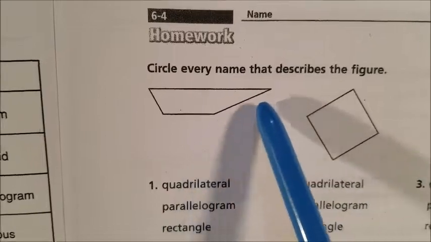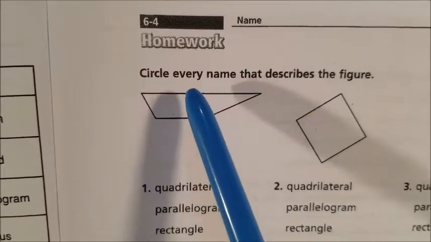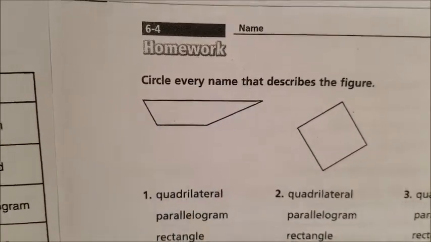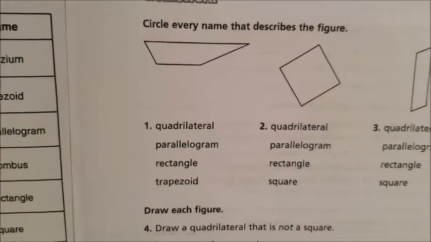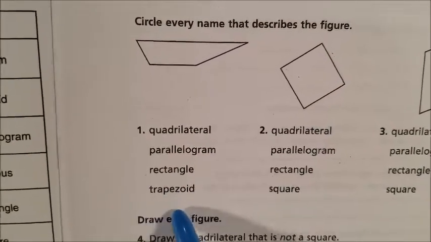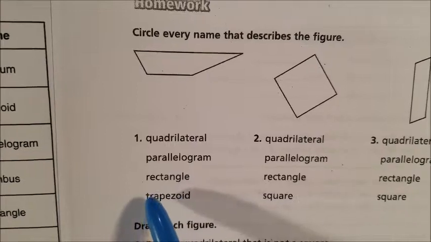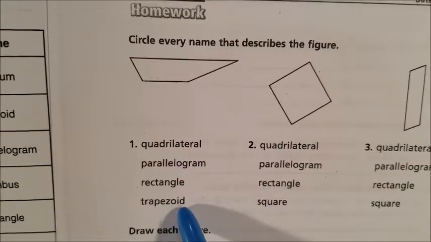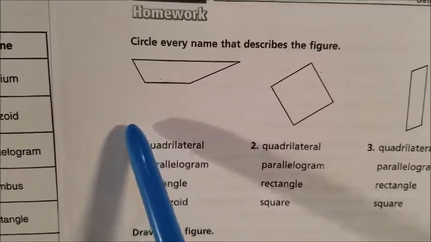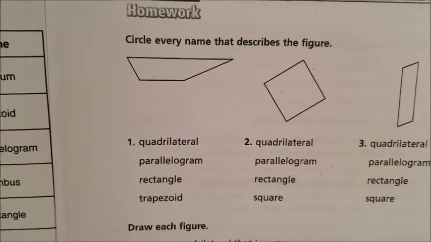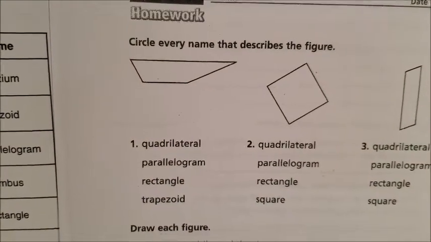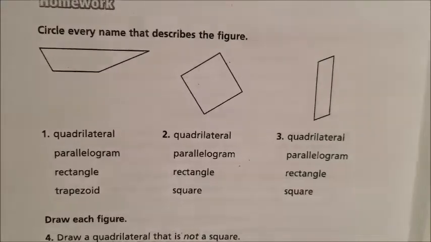That's parallel. That's not. So 1, 2, that's a pair. We'll circle that one then. So you're going to circle this one because it meets the definition of a trapezoid, and quadrilateral because it meets the definition of a quadrilateral.